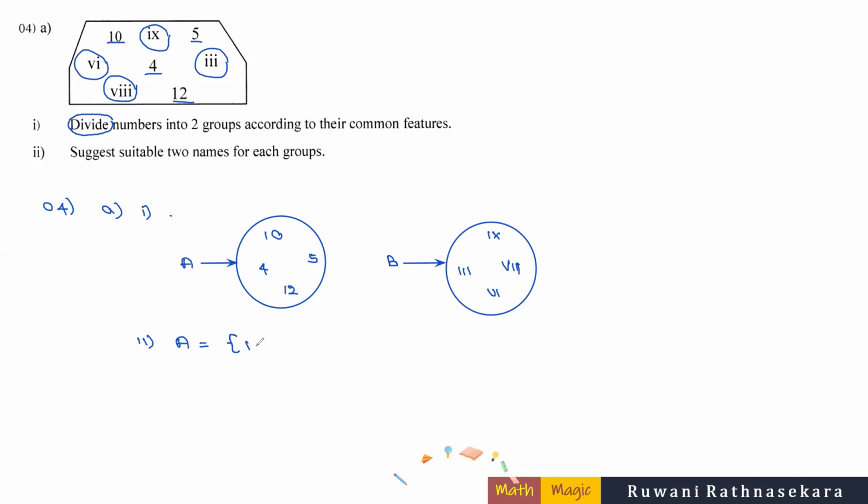Group A is the set of Hindu Arabic numbers. And B is a set of Roman numbers. Right? Okay.